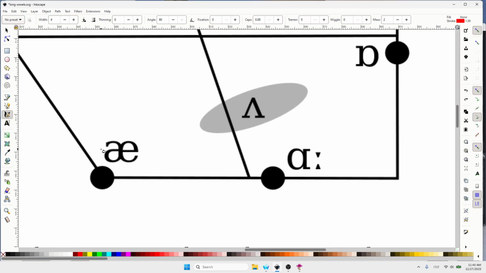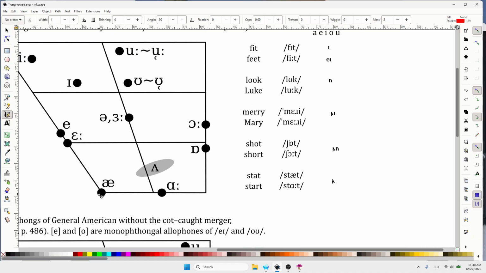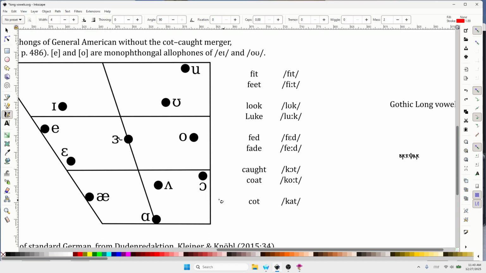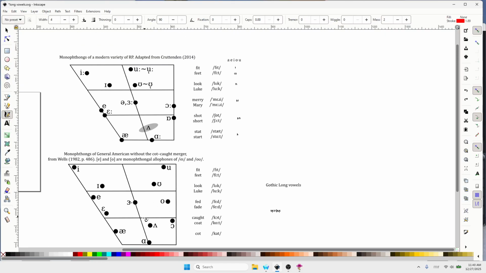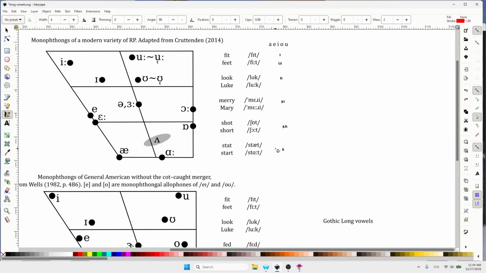Here we have a. I'm pronouncing this the same way I pronounce it in my dialect of English, but according to this, my a is over here. So I don't know how accurate that is, but it doesn't really matter because Gothic probably isn't this.